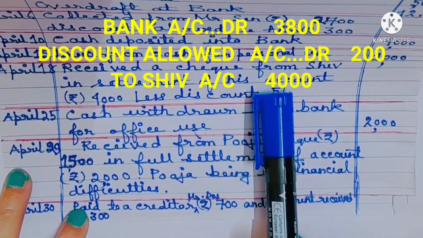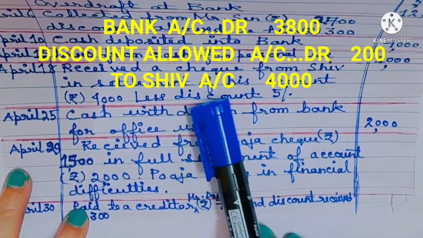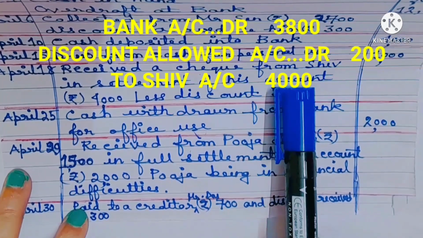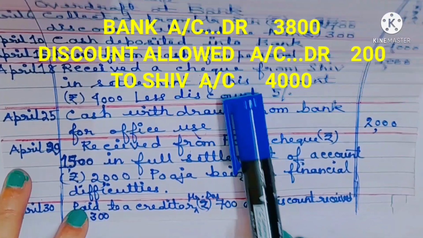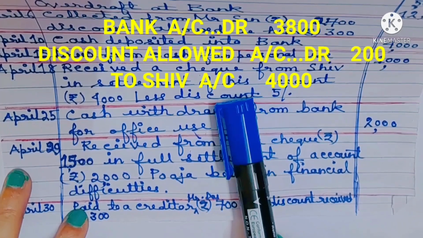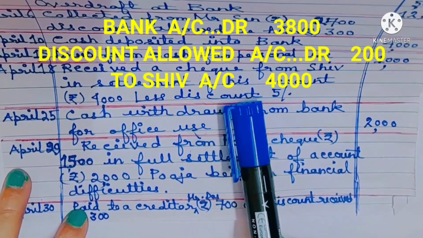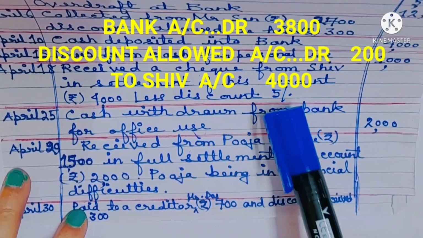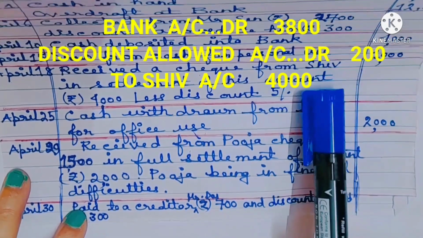3800. Okay. And what is the position of discount allowed account? Since discount allowed account is on the debit side, Shiv account will also be on the debit side. So, we'll have to write to Shiv account in the cash book on the debit side in the discount column rupees 200. Okay. So, let's write.